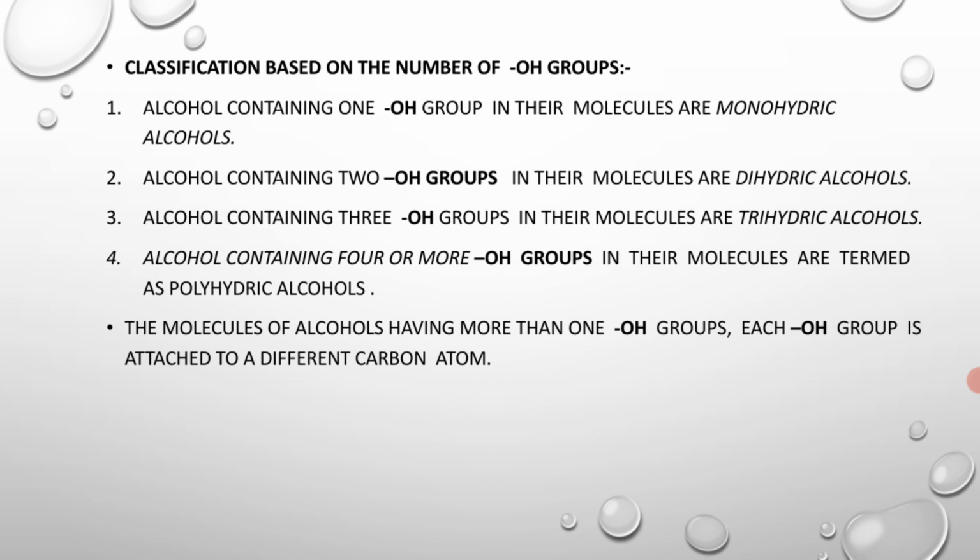Alcohols containing three hydroxyl groups are trihydric alcohols, where tri means three. Alcohols containing four or more hydroxyl groups in their molecules are termed as polyhydric alcohols.